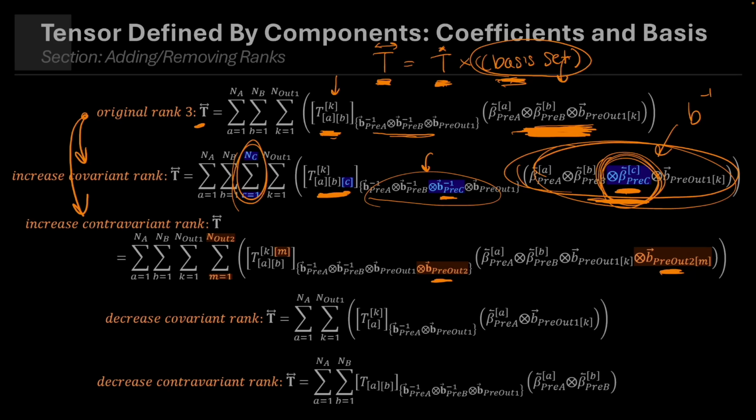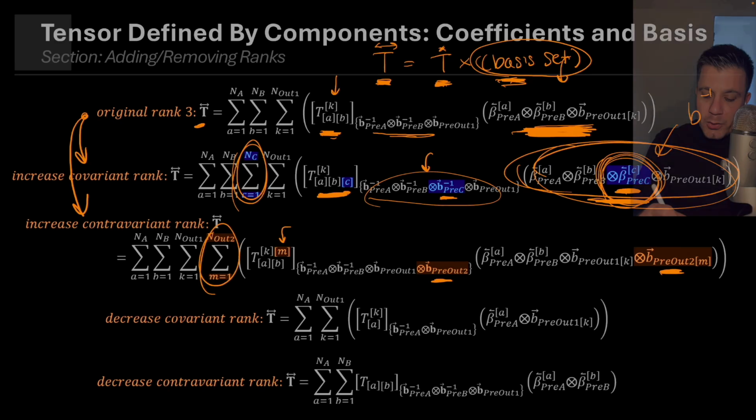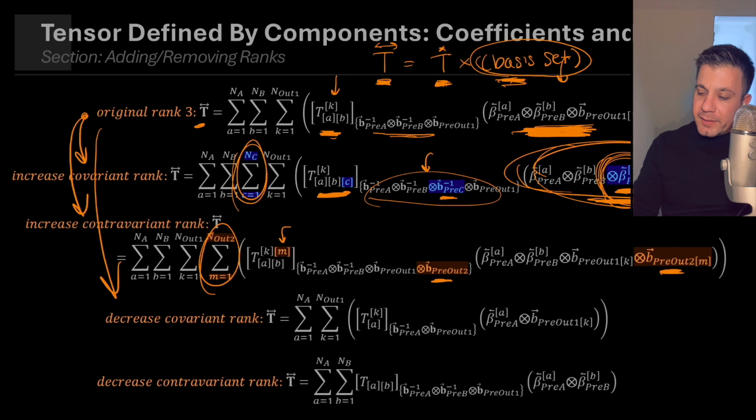So when we increase the contravariant rank, we need to add this superscript index here and its associated sum. When we decrease the covariant rank, we are going to get rid of the basis that's associated with that second input. We also get rid of its summation, and so that gives us what we see down here.